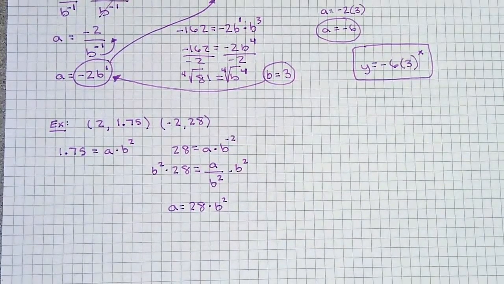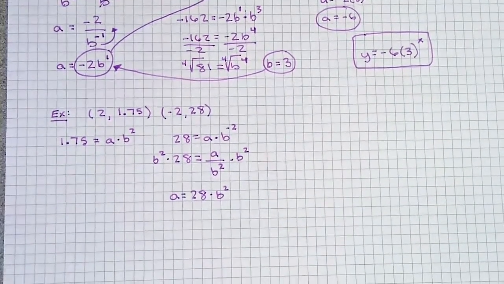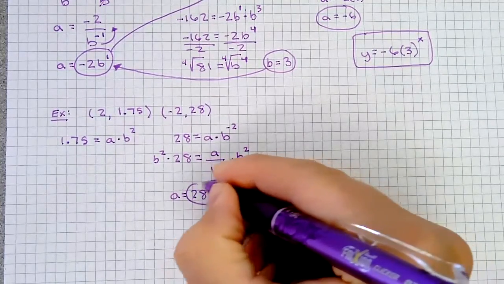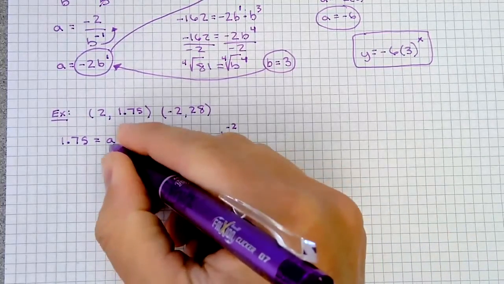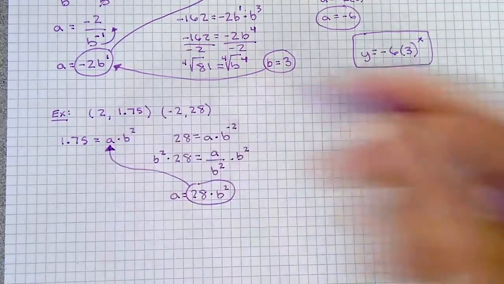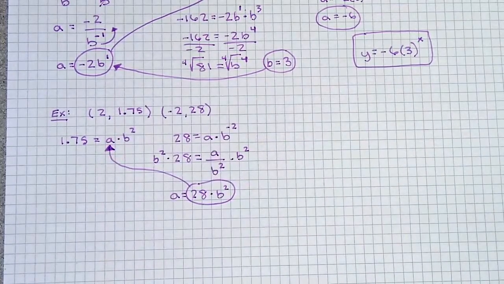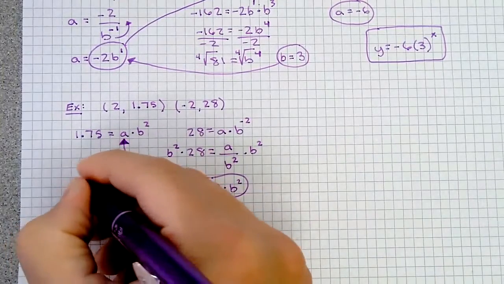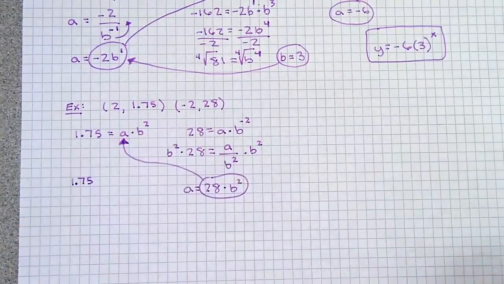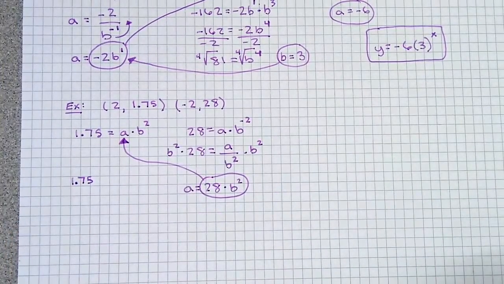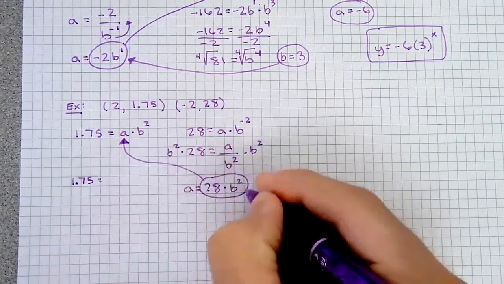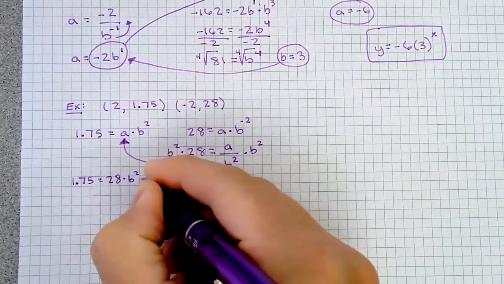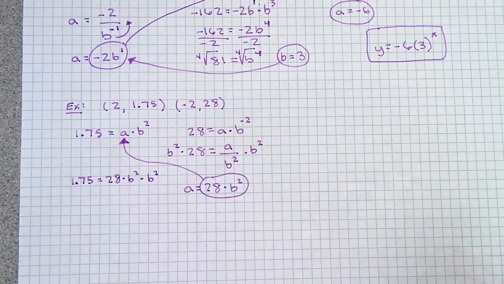That we would then plug into our other equation. So 1.75 equals 28 times b squared times b squared.